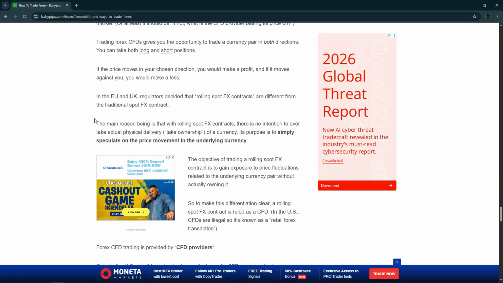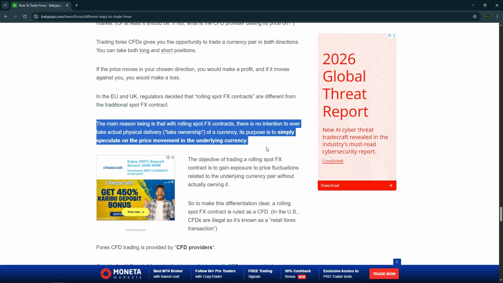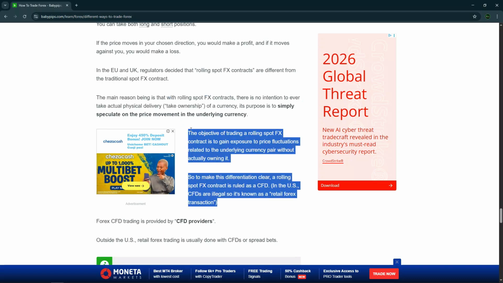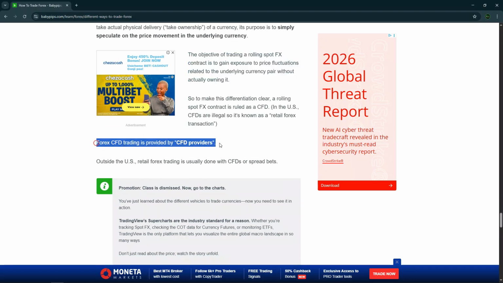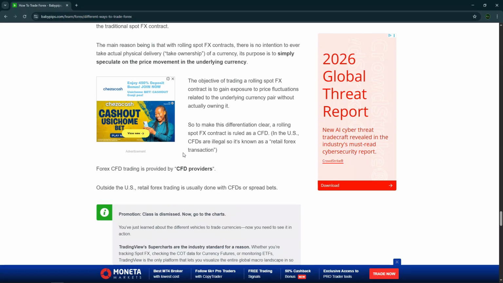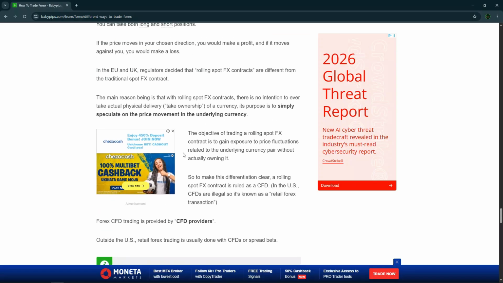So in simple terms, a forex CFD is just a contract where you profit from the change in price of a currency pair without actually owning it. And depending on where you are in the world, this is actually the most common way retail traders trade forex.